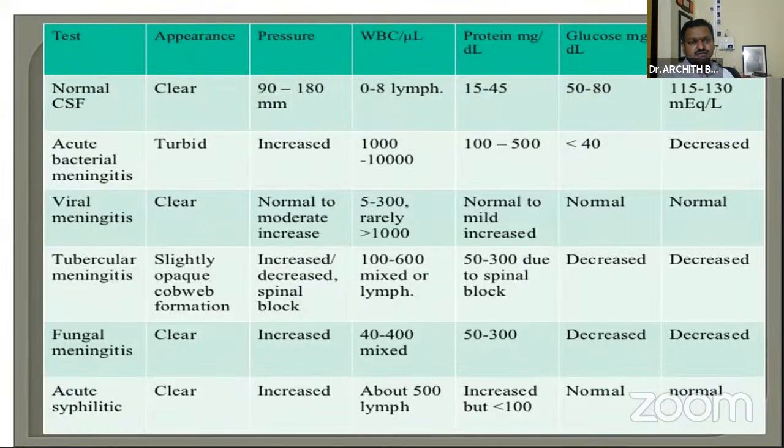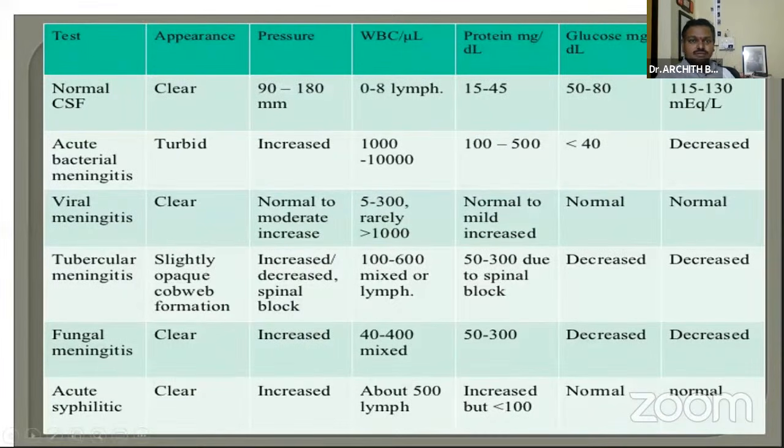The neutrophilic one is pyogenic meningitis. Please remember, whenever you do the lumbar puncture, you simultaneously measure the blood sugar, because CSF sugar is normally up to 2/3 of the blood sugar. If it is lesser than that, it is decreased.